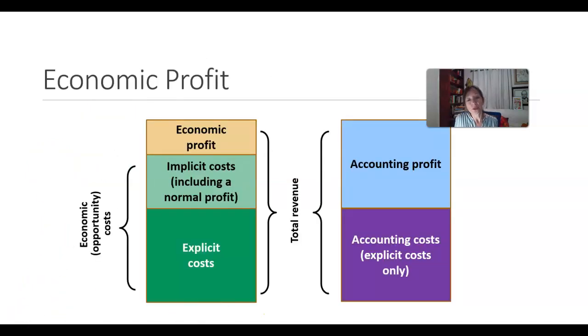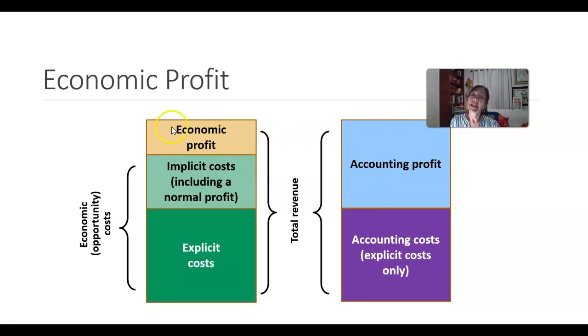Okay, so here's a nice picture. These boxes represent total revenue. See the brackets here? Total revenue coming in. From an accounting perspective, if we just take out the explicit cost only, all this big blue box represents accounting profit. So it's pretty big.